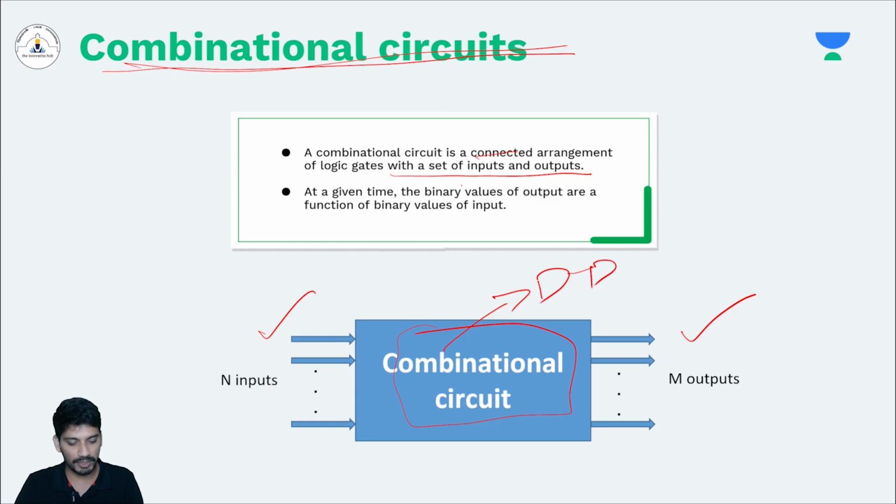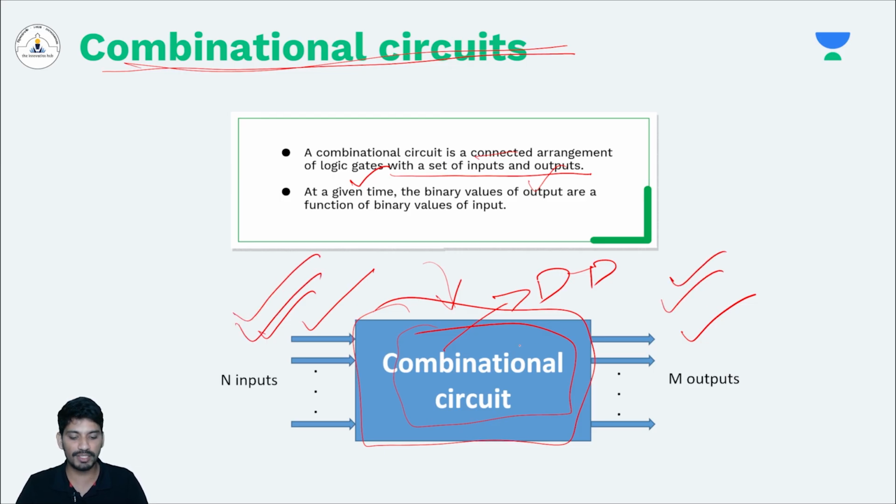So what is the purpose of the combinational circuits? At any given time, the binary outputs always depend on the binary inputs, but not on the state of the combinational circuit. I will explain what the state is in future, but right now just understand this. Whenever there are binary inputs, the binary outputs will always depend on these inputs and the logic function that you have implemented inside the combinational block.